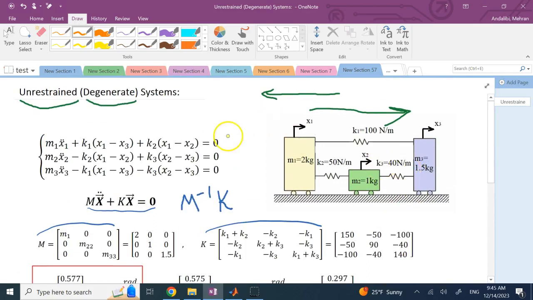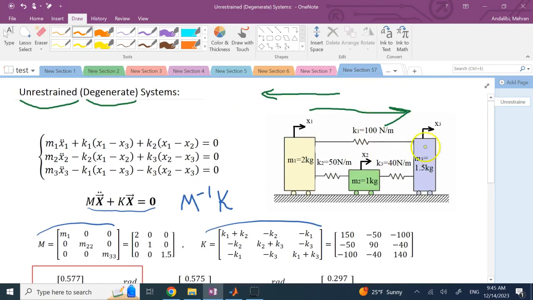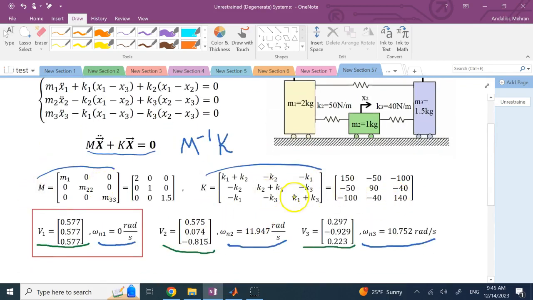So just wanted to tell you that if somebody gives you some M matrix and some K matrix, without giving you the physical system, so you don't see it, and says, hey, is this system capable of completely moving, not deformation, just entirely moving to the left or right?